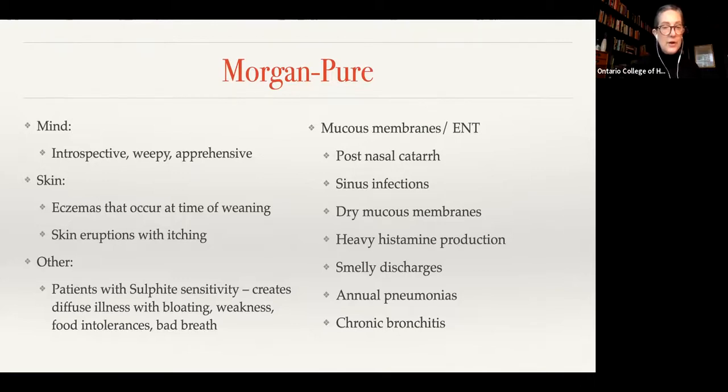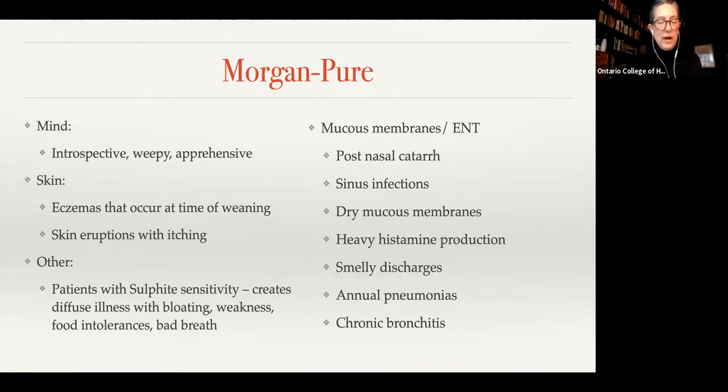And then I want to jump over to the mucous membranes and we'll go back to other mucous membranes. There's a lot of profuse catarrhal production in the ear, nose, throat, and bronchial tracts. There's postnasal catarrh, sinus infections, dry mucous membranes, a lot of histamine production with sneezing and allergy reactions, smelly discharges, annual pneumonias, and chronic bronchitis are all indicators for this remedy.